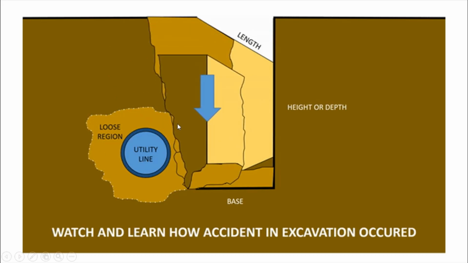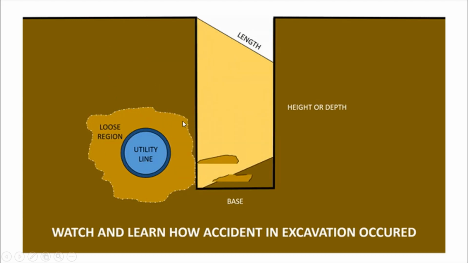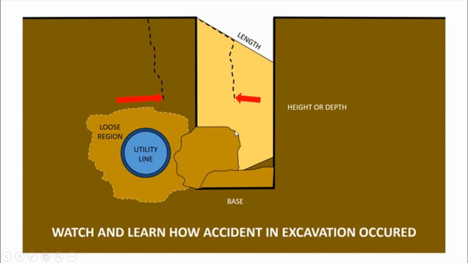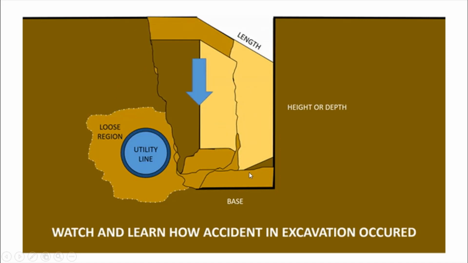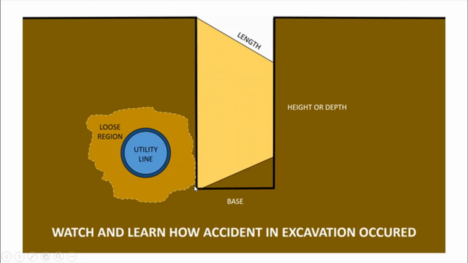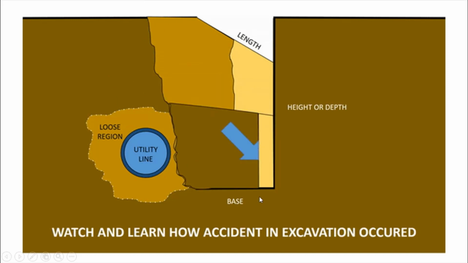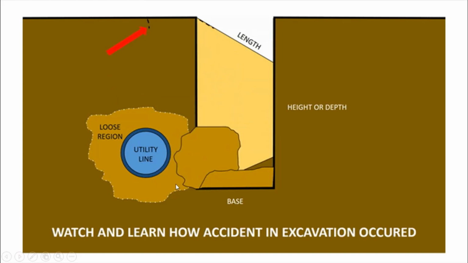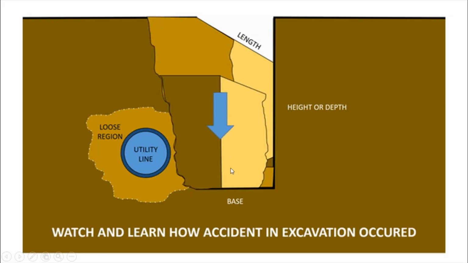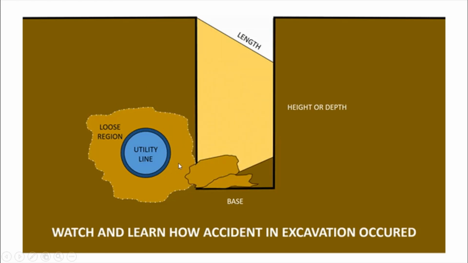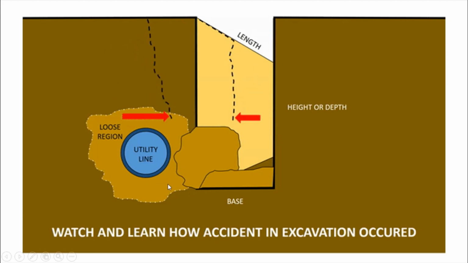That is why it is the source of a cave-in of the excavation wall, which will later collapse from the top down. If someone is there and gets buried alive, it is a very unacceptable accident.